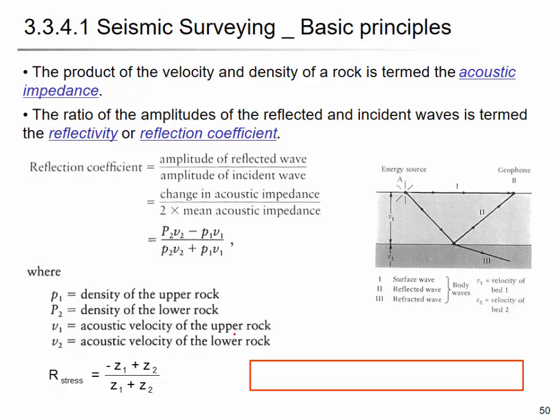Because of what? The material is different. Here the air is very soft and the mountain is very hard, so the sound wave will bounce back. The reflection energy ratio is a function of the impedance difference. So if you have a bigger impedance difference, then you have a stronger reflection.